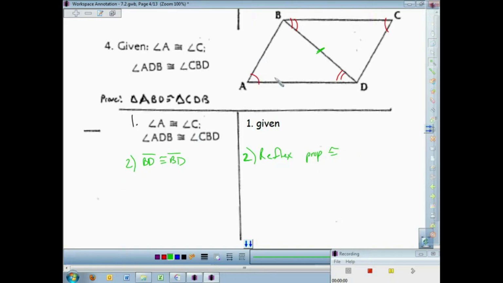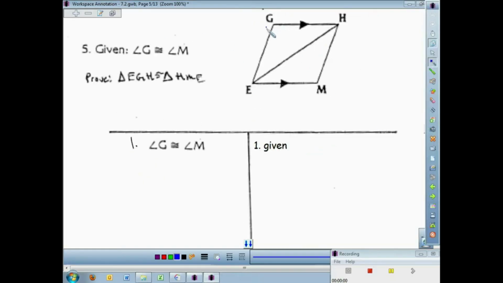So then I can do angle side angle. I just got to check that my angles go in the right order. It goes single arc mark, double arc mark, side. The other one goes single arc mark, double arc mark, side. So booyah. Triangle ABD is congruent to triangle CDB by angle side angle congruence theorem.